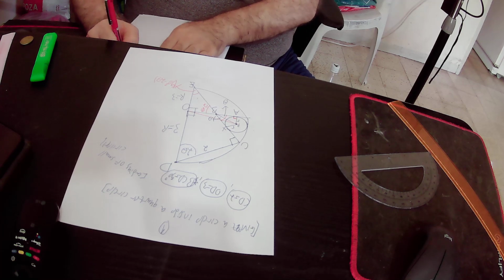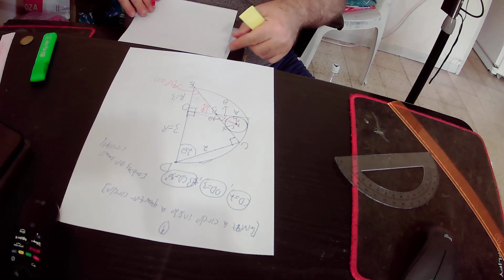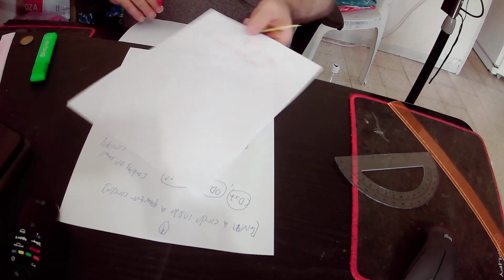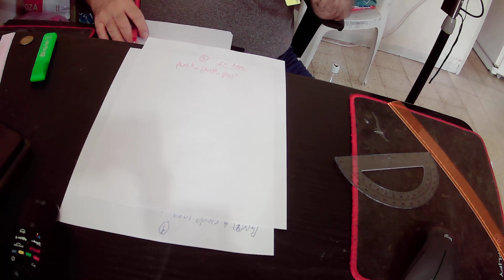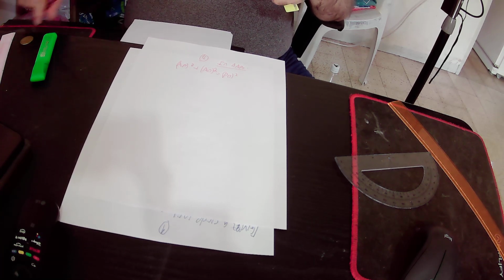Again, in the right triangle APO, according to the Pythagorean theorem, AP square plus AO square must be equal to PO square. Okay?